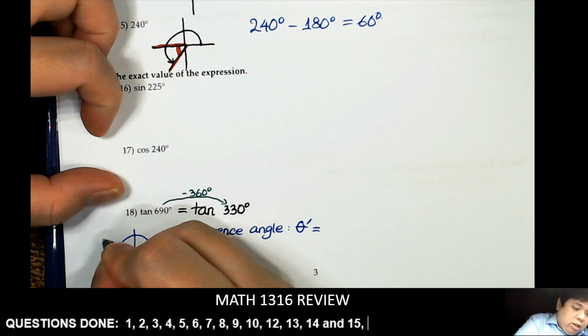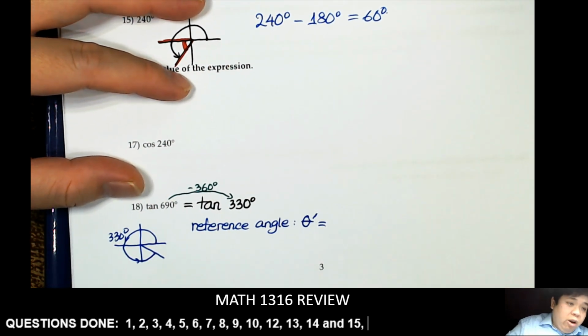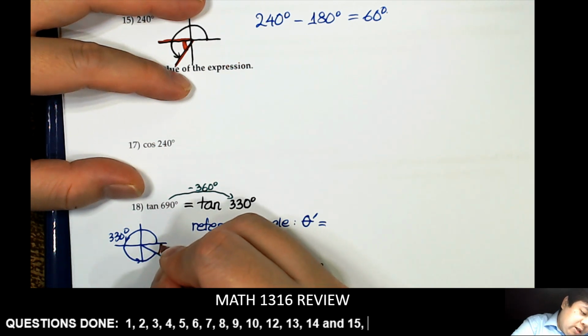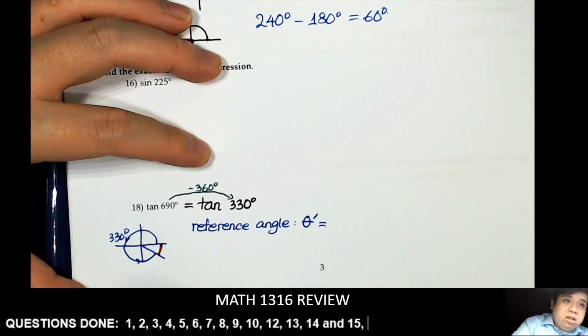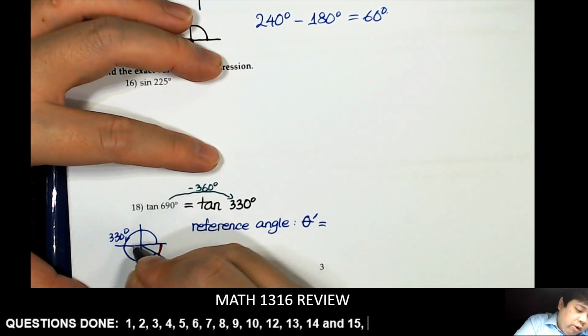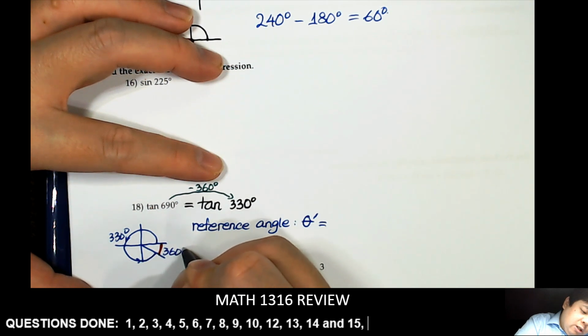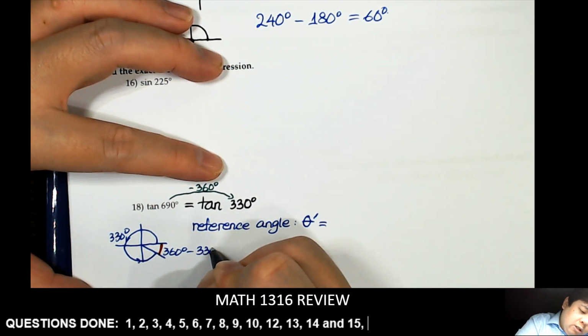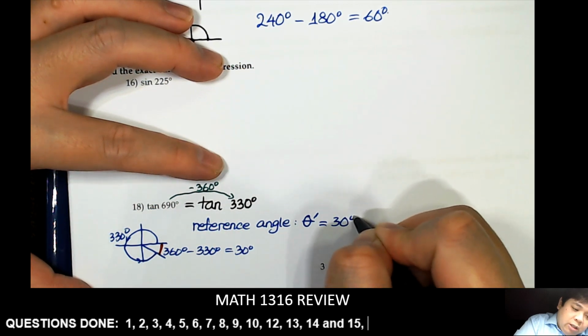So that is 330 degrees, and the reference angle is going to be this one. We take 360, the whole revolution, and take away 330. So that is 30 degrees. So the reference angle is 30 degrees.